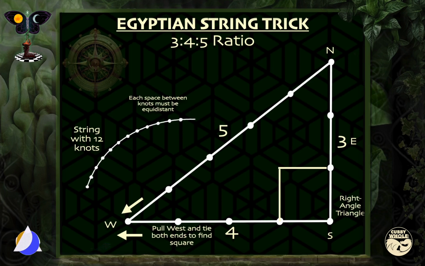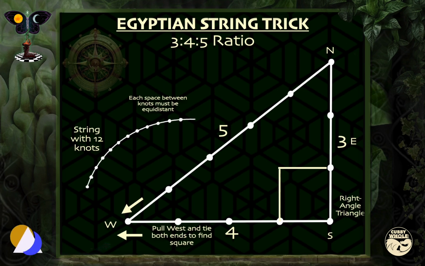Now, this is something really powerful and cool that a lot of people can try at home. It is called the Egyptian string trick, dealing with the 3-4-5 ratio, something you can learn from Euclid's 47th proposition, or the Pythagorean theorem, part of that.